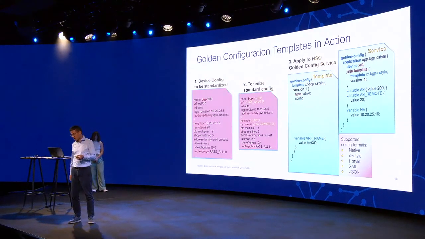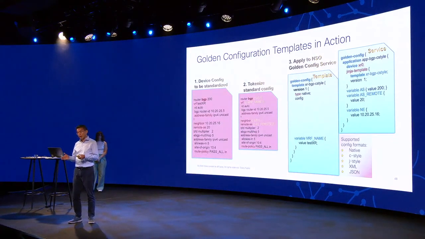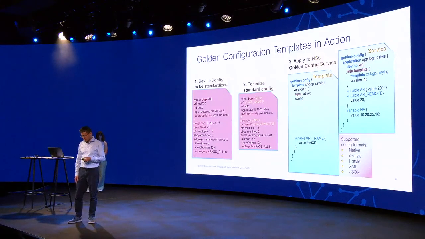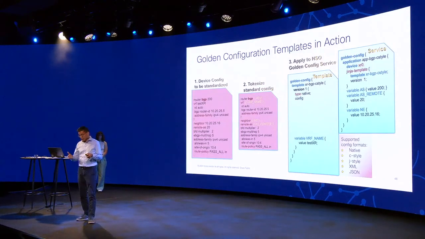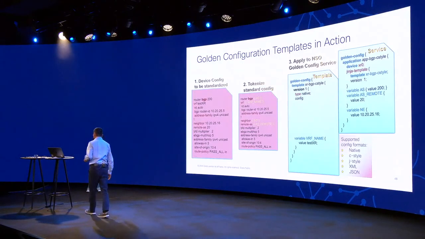Once the template has been created, you will create an application in this golden config service in order to associate the template with the device, along with the list of variables that should be filled in during the instantiation. In addition to the native format, there are other supported config formats that are listed in the bottom right corner.